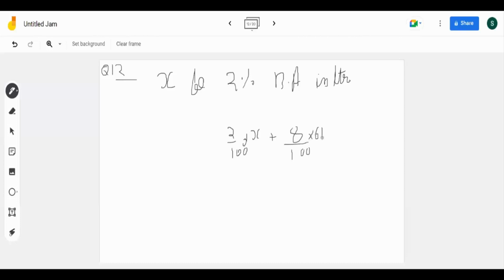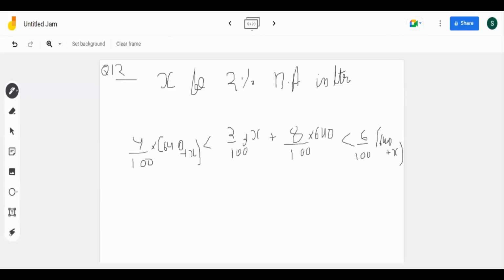This is our boric acid content, and this must be greater than 4/100, that is 4% of the solution. Our new solution will be 640 + x, and the content is less than 6% of the solution, 6/100 into (640 + x). The main problem is solving this inequality.